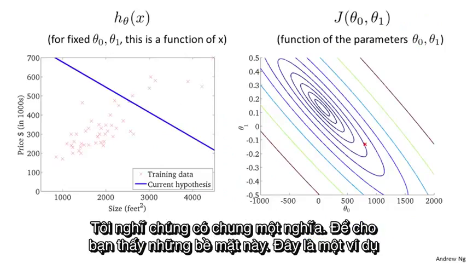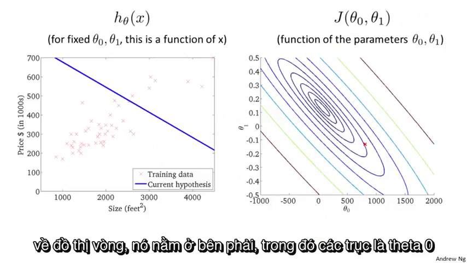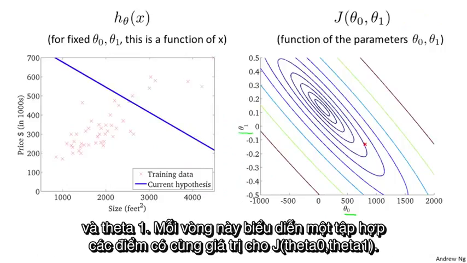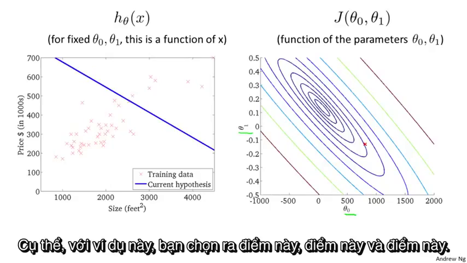So here's an example of a contour figure shown on the right, where the axes are theta 0 and theta 1. And what each of these ovals, each of these ellipses, shows is a set of points that take on the same value for J of theta 0, theta 1. So concretely, for example, let's take that point and that point and that point.